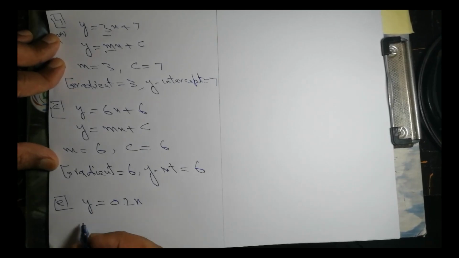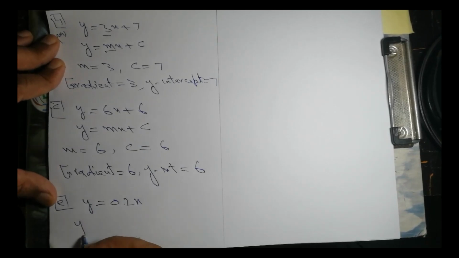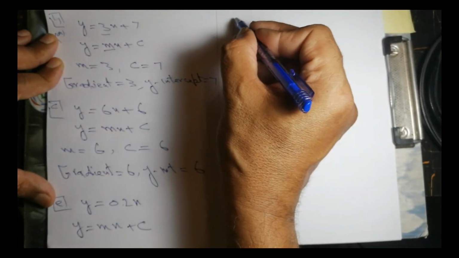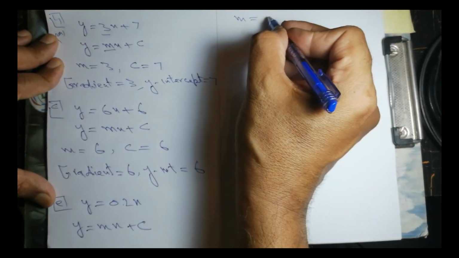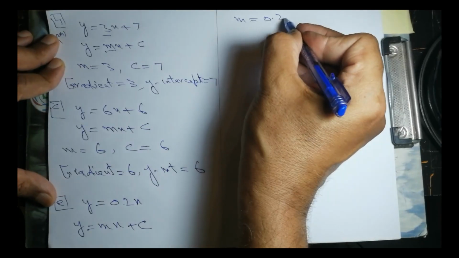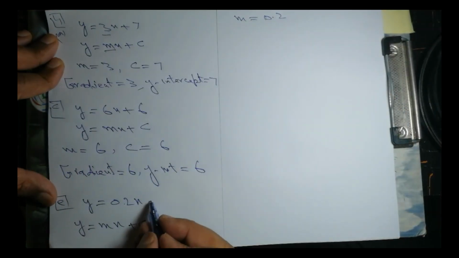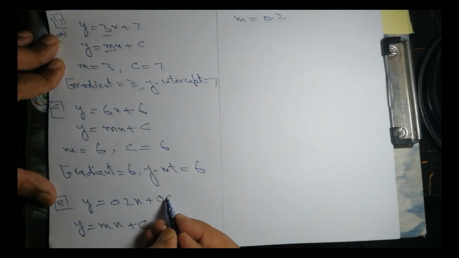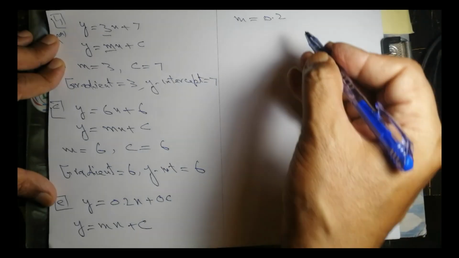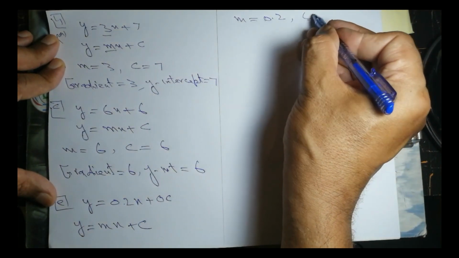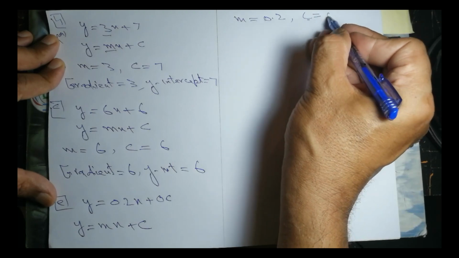So part E is y equal to 0.2x. Comparing with the standard equation y equal to mx plus c, here m equal to 0.2, which is the coefficient of x. The y-intercept is not given, so c equal to 0, the constant term.